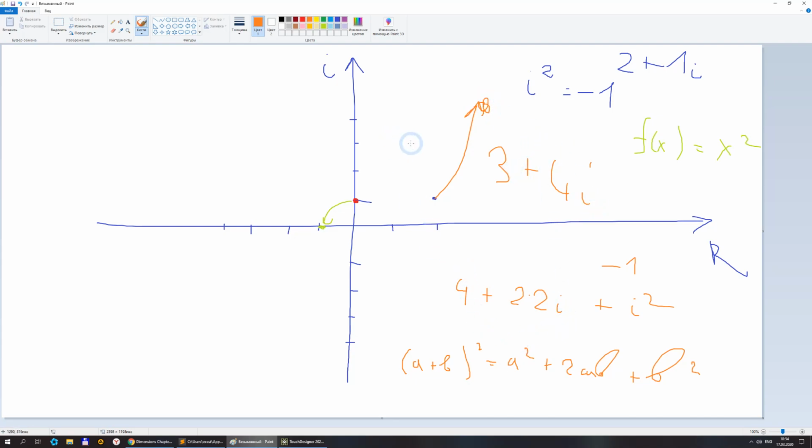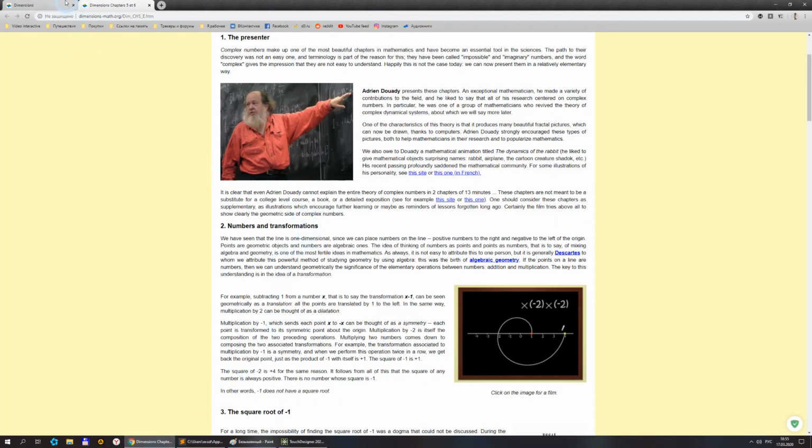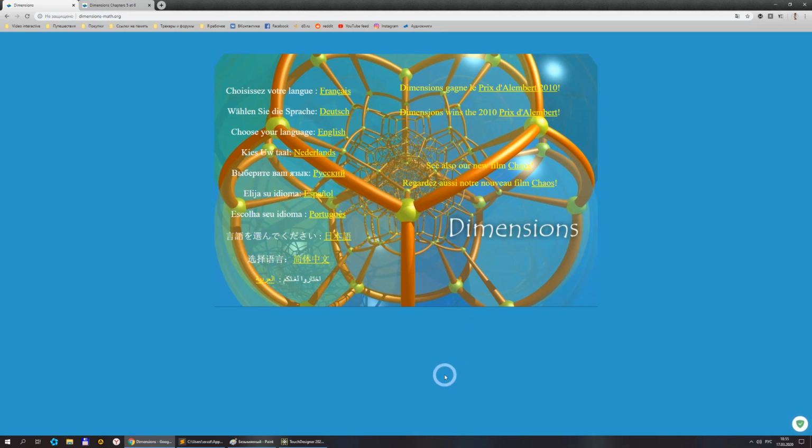Anyway, I hope you understand the idea, and if you want a clearer explanation, because I know I explained it very messily, you can go to this very nice site, and it's also a film made 10 years ago, and the manual was translated into many languages. It's called Dimensions.